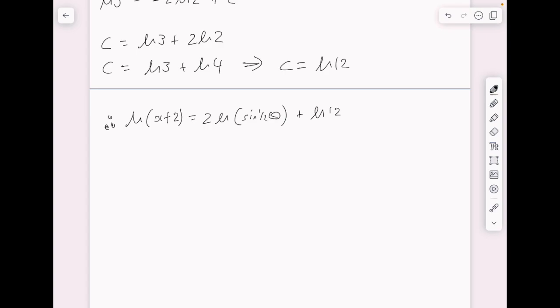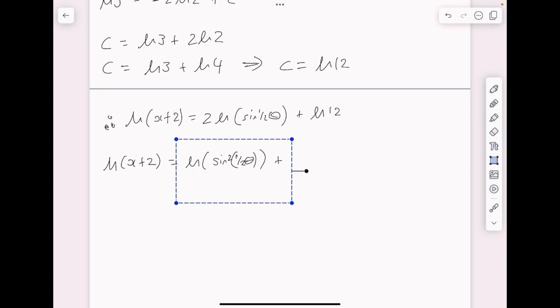Remember that this is a ln, so it's a ln sine half theta. Technically this 2 can act as a power. If the 2 has been dragged down, it means the 2 could be a power as well. So ln x plus 2 is equal to ln of sine squared of half theta plus ln 12.